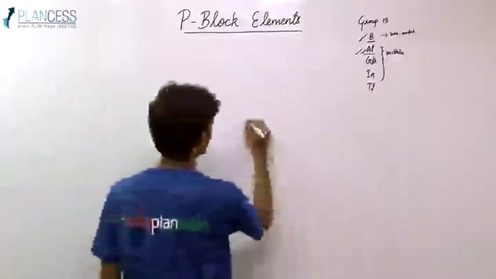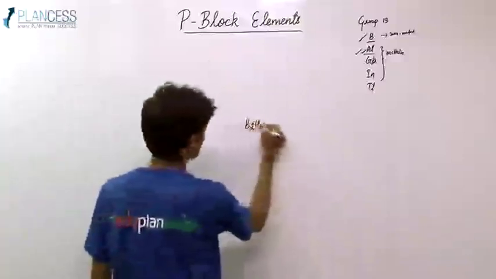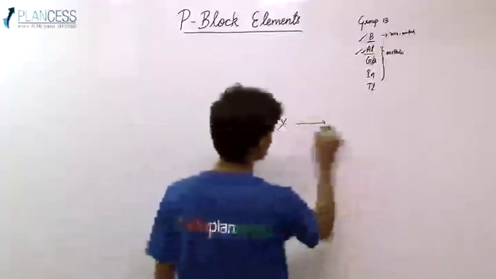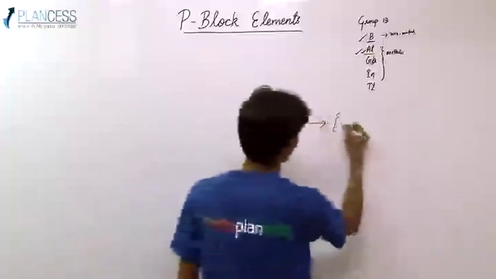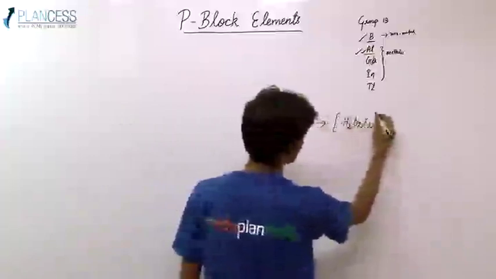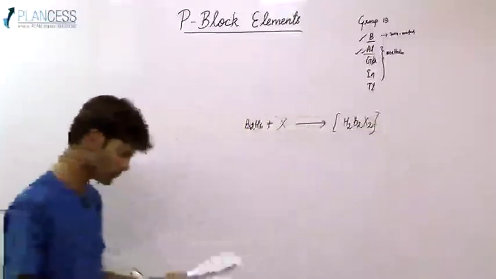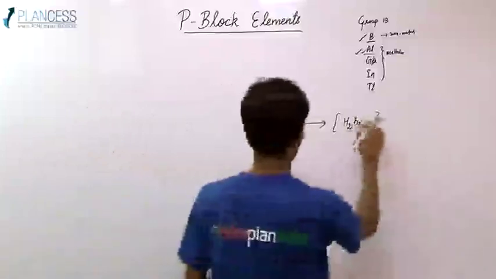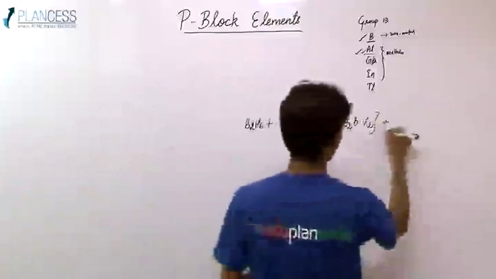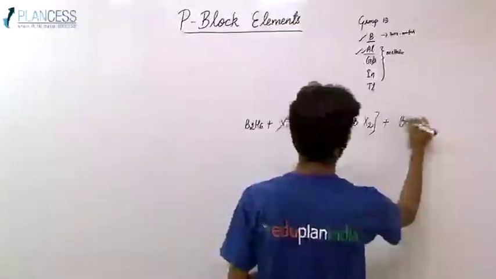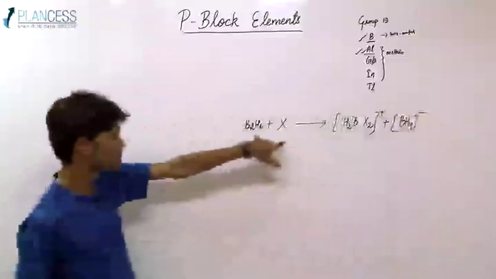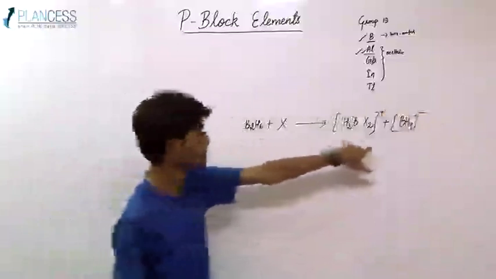That is, B2H6 when it reacts with amines, so to say, let's say if I write X, it forms H2B(X)2 plus BH4-. So unsymmetrical cleavage of the B2H6 is done, and something like this is produced.